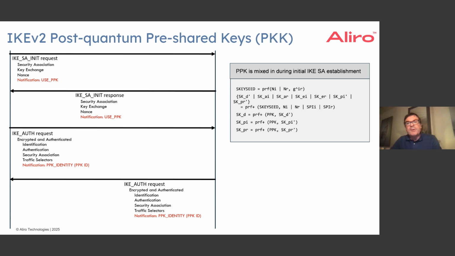Here we show how the IKEv2 protocol has been extended to transfer the public key identifier from one IPsec gateway to the other. These extensions are standardized in RFC 8784, which defines a new payload called the Post-Quantum Pre-Shared Key, or PPK. The term post-quantum pre-shared may seem a little bit confusing.